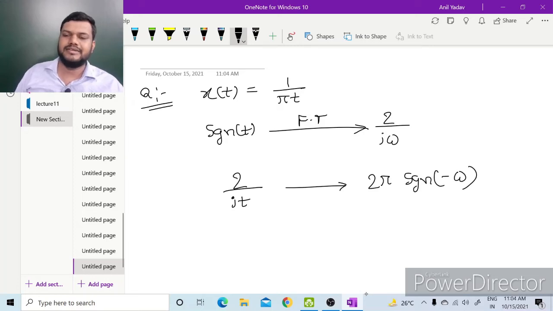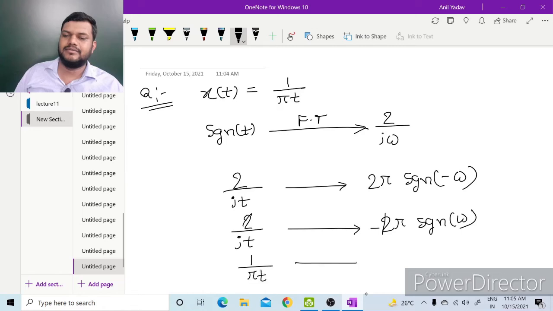We know signum function is odd, so we can write 2 upon jt will have minus 2 pi signum omega. From here 2 will cancel out and we will take pi on this side. So 1 upon pi t will have Fourier transform, from linearity property, minus j signum of omega.